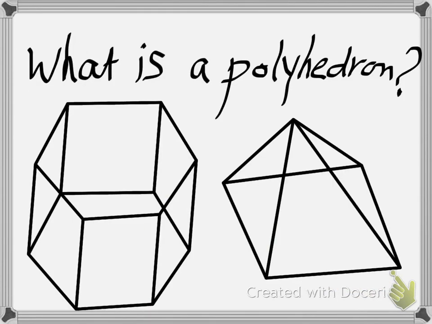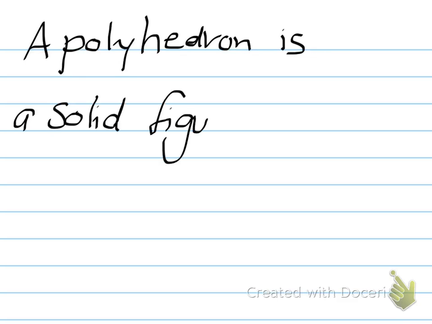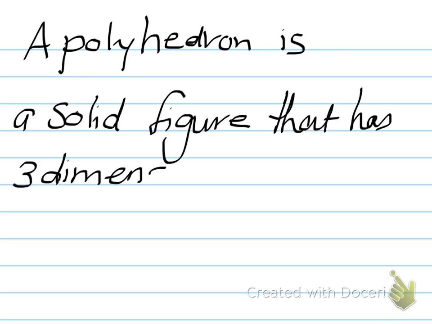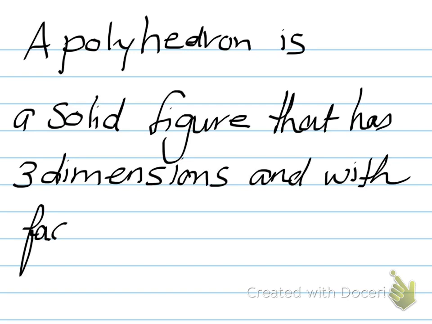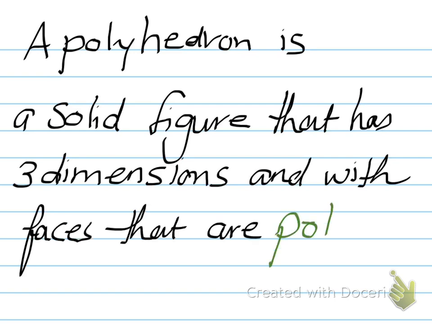So what is a polyhedron? As we can see, these two examples are polyhedrons. But what is a polyhedron? A polyhedron is a solid figure. It has three dimensions, length, width and height, and it also has faces.